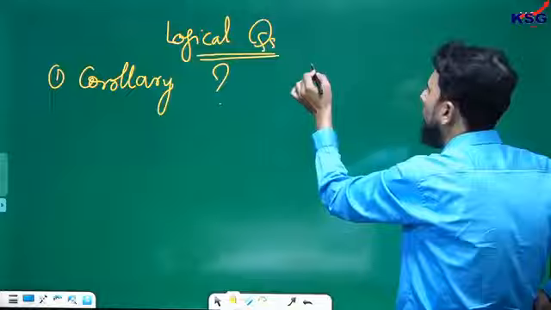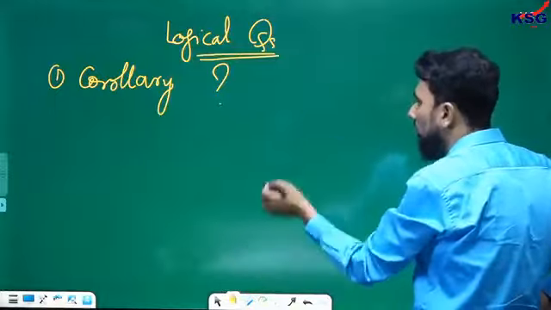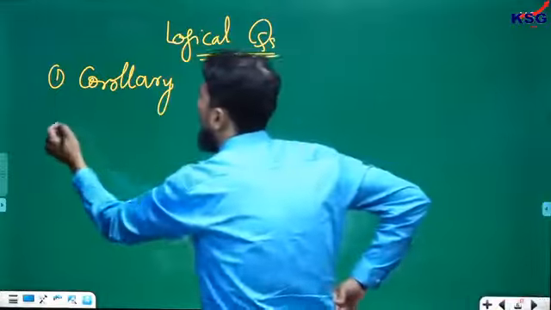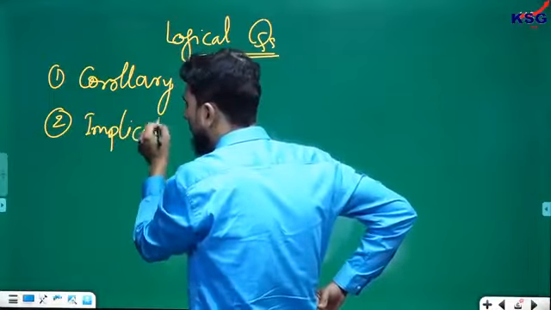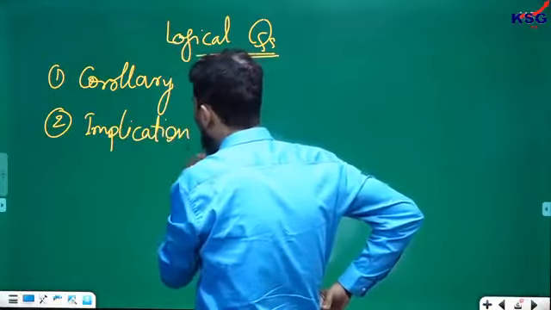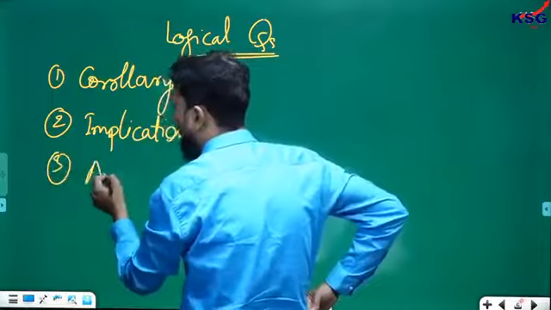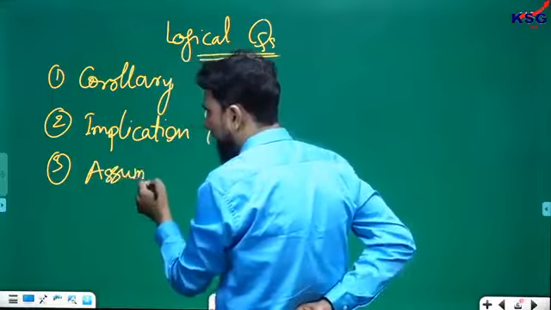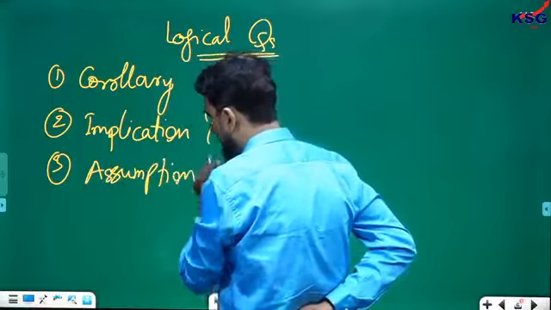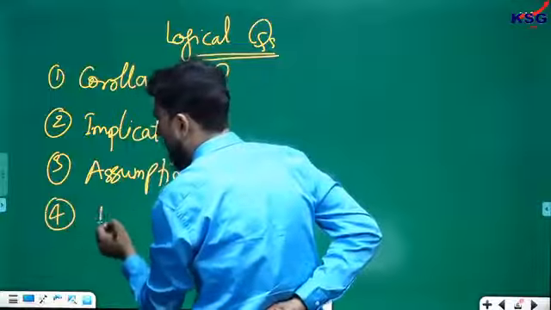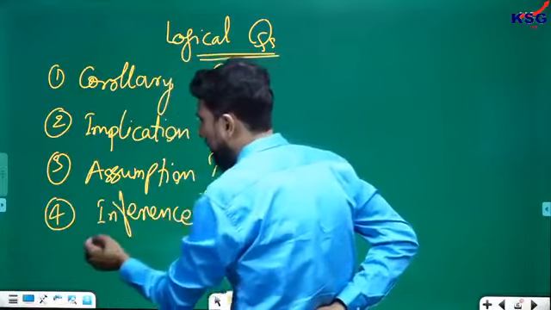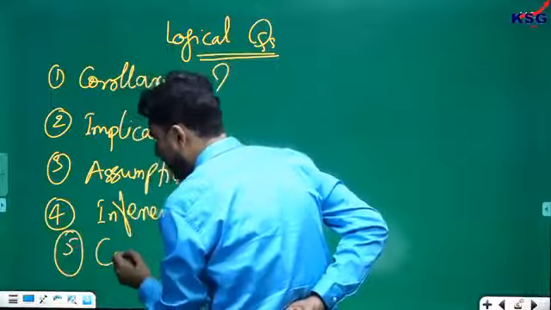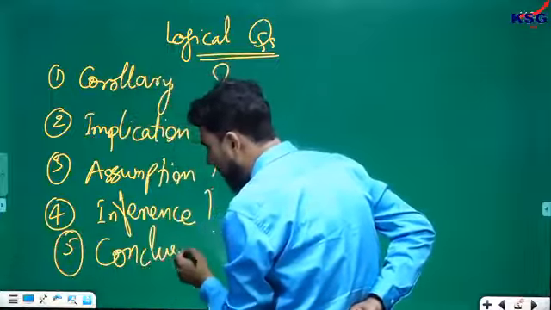Always be careful for all logical questions, whatever we take up, maybe corollary, maybe implication, I'm just writing two examples, or any other question, let's say assumption, or inference, or conclusion.